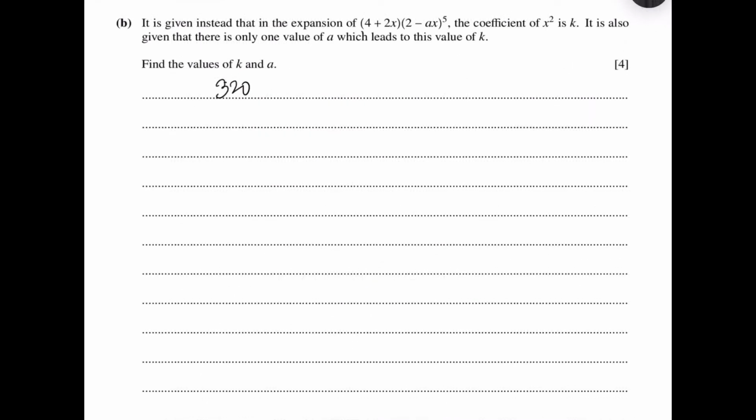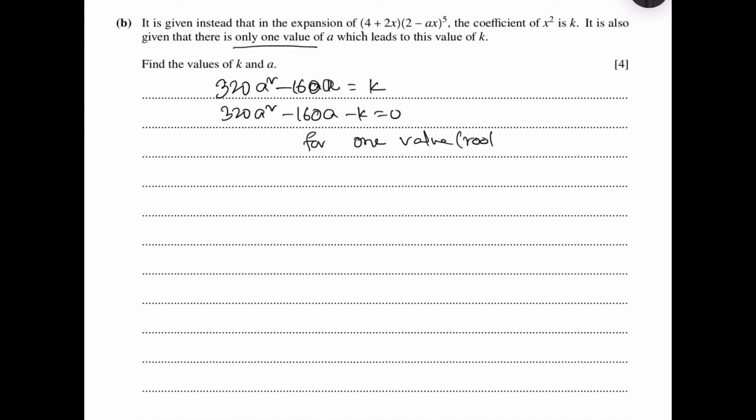Okay, 320a squared minus 160a equals k. Now 320a squared minus 160a minus k equals 0. Since there is only one value, so we can write for one value means one root. We can use the formula b squared minus 4ac equals 0. So here b is minus 160 squared minus 4 times a is 320, I mean coefficient of a squared, and c is minus k.